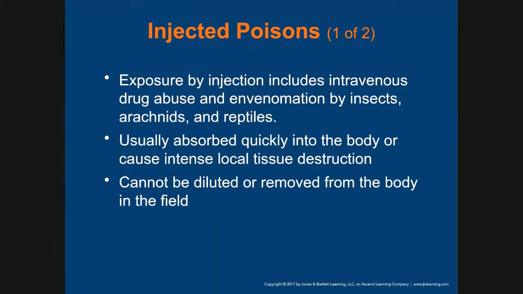Injected poisons. Now, exposure by injection includes intravenous drug abuse, envenomation by insects, arachnids, and reptiles. Usually absorbed quickly into the body or cause intense local tissue destruction. Cannot be diluted or removed from the body in the field.